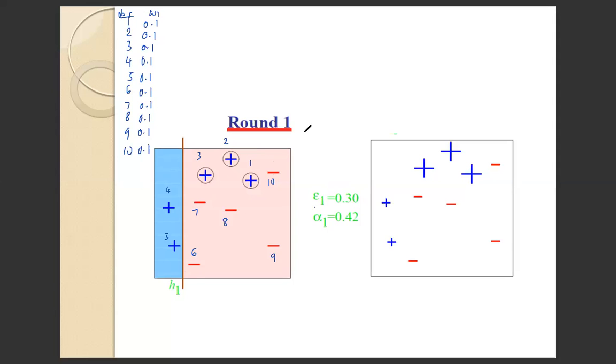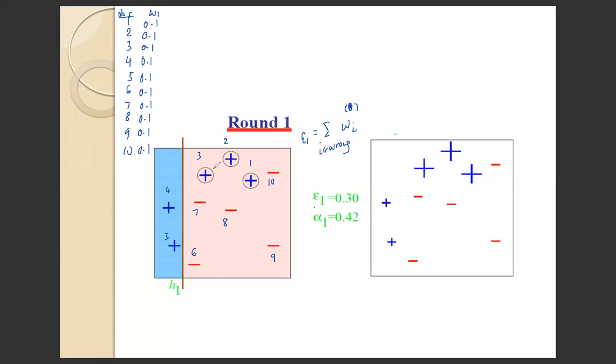So my epsilon 1 is the sum of the weights of the wrongly labeled observations.